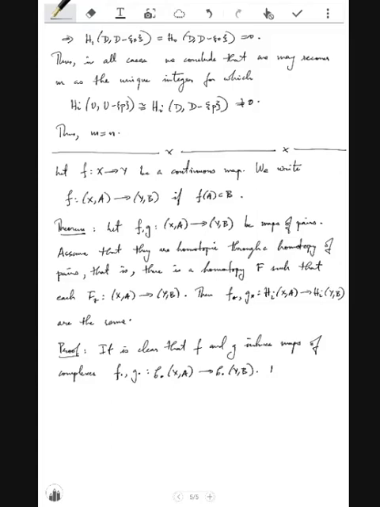So it suffices to show that both these maps of complexes are homotopic.